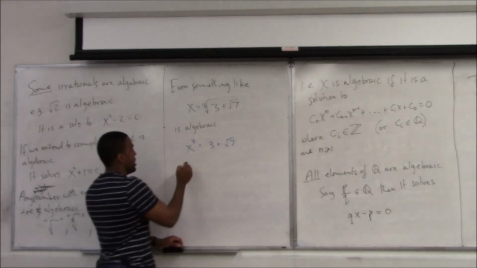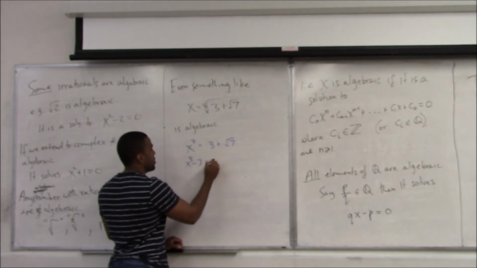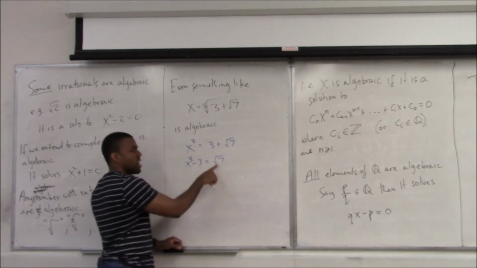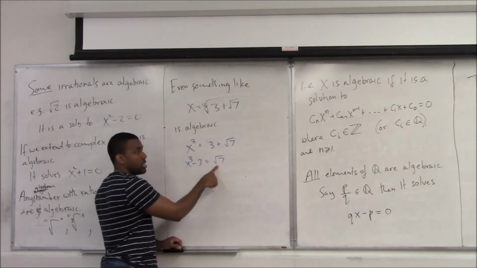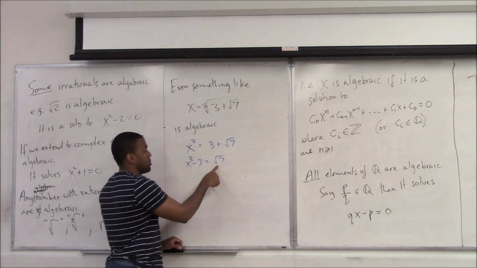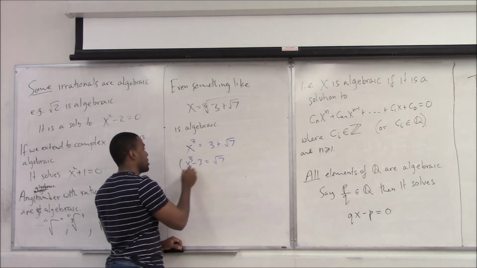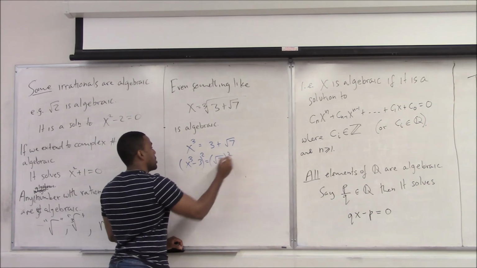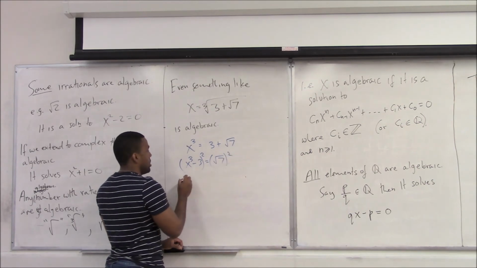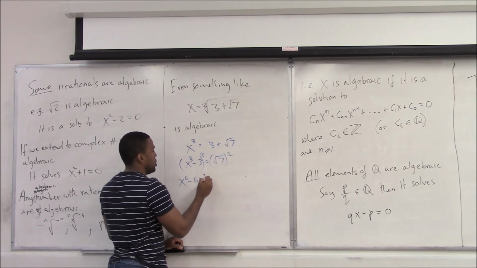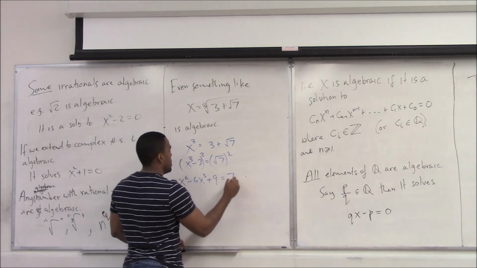Then I can move the 3 over, because radical 7 is going to be a problem since it's not an integer coefficient. So I want to square both sides. This would give me x to the 6 minus 6x cubed plus 9 equals 7.